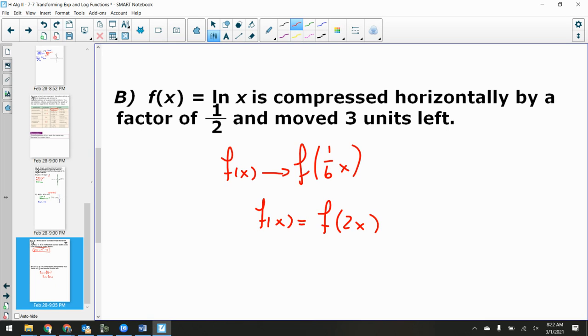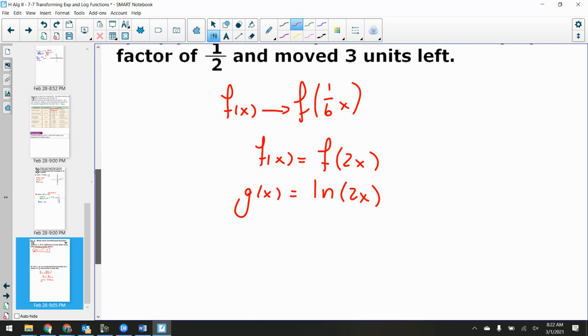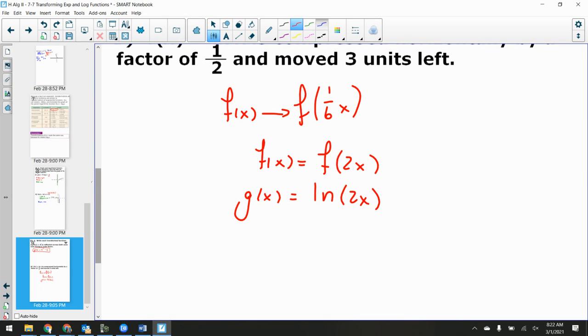All right, so let's do the horizontal compression part first. So we say, okay, g of x is going to be, halfway there, ln of 2x. Any simplification to do? No. And then it says, okay, I want to move it 3 units left. All right, well, 3 units left is going to take f of x and map it to f of x minus h, so x plus 3 inside parentheses. Now be careful here.